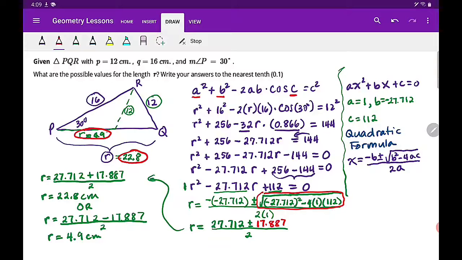A negative value for a side is not acceptable, meaning the situation, although it is SSA, actually only results in one triangle, and that's the case when this side right here is longer than this side right here. Which I actually illustrated when you took the law of sines, if you paid attention. All right, so yeah.